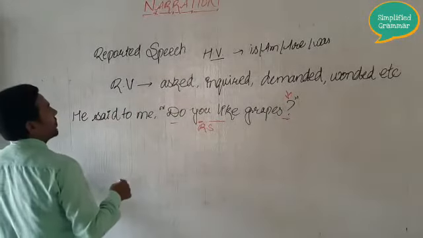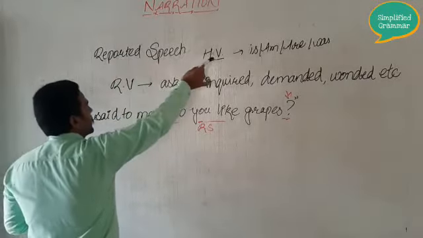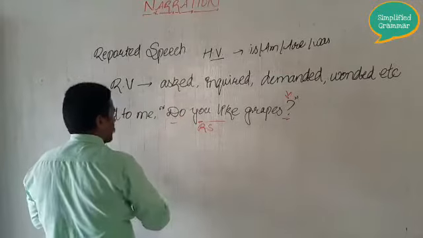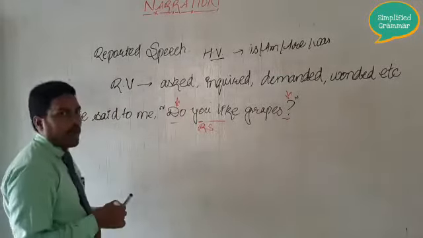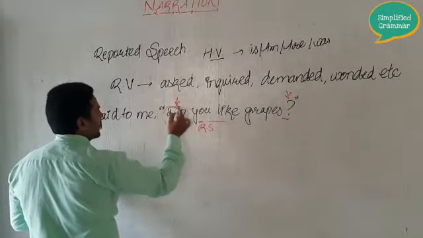So what your rule says, if your reported speech begins with the helping verb, you can see here, do. This is your helping verb. Do is your helping verb. You can see very clearly over here.